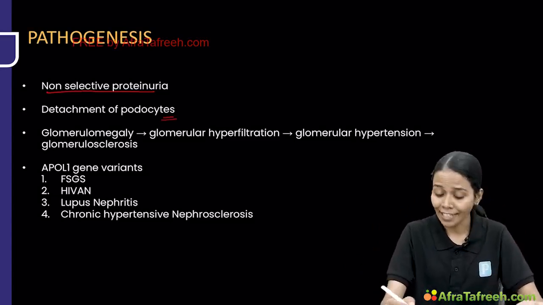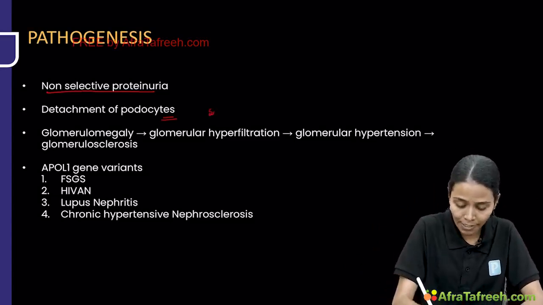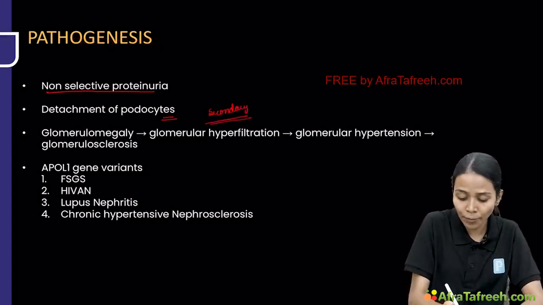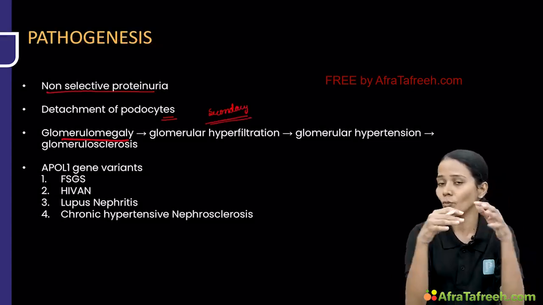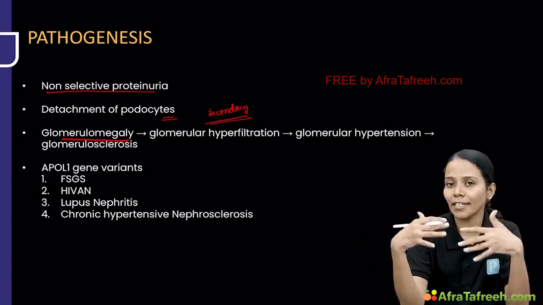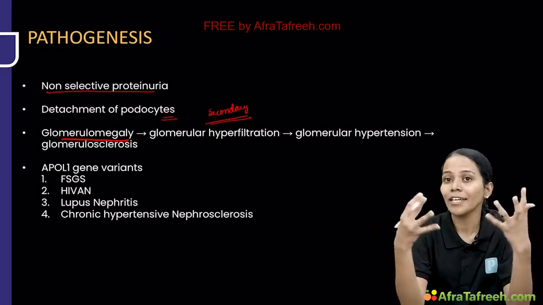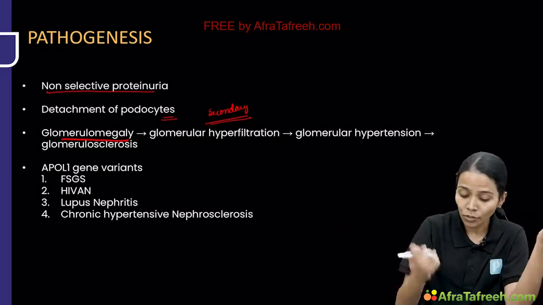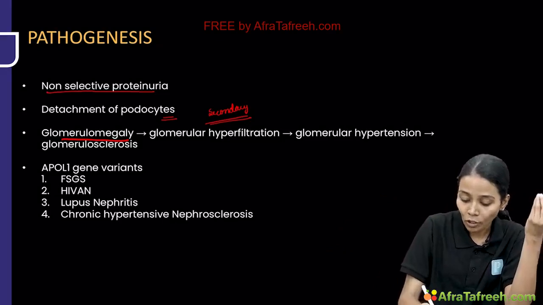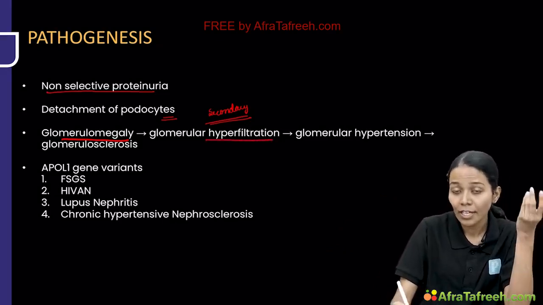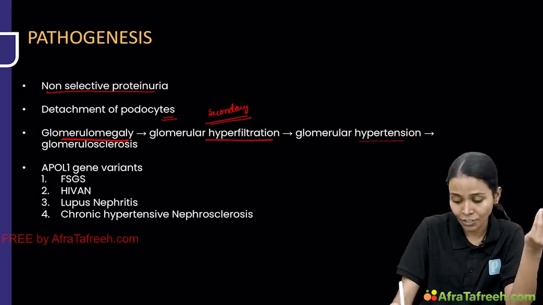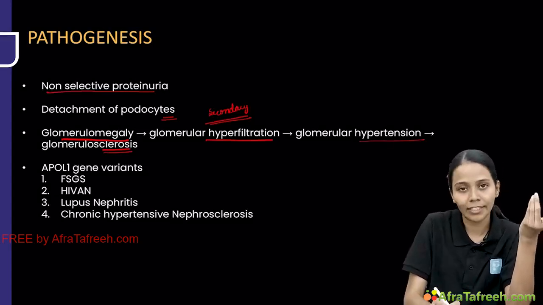And in secondary FSGS, what happens? For example, if there is reduced renal mass, there's going to be glomerulomegaly, because whatever kidney is left out is going to function more. By functioning more, it is going to hypertrophy, right? So, there's going to be glomerulomegaly, glomerular hyperfiltration, and glomerular hypertension, and then finally leading to sclerosis.